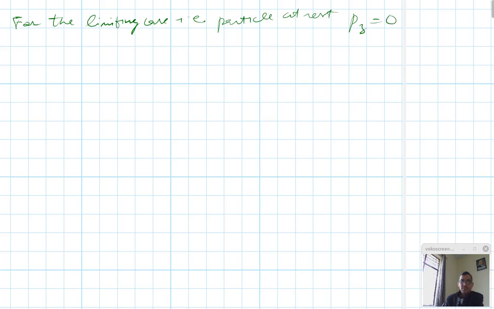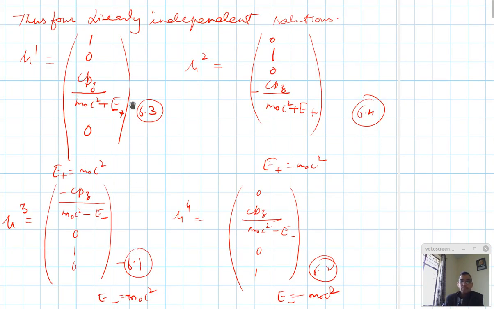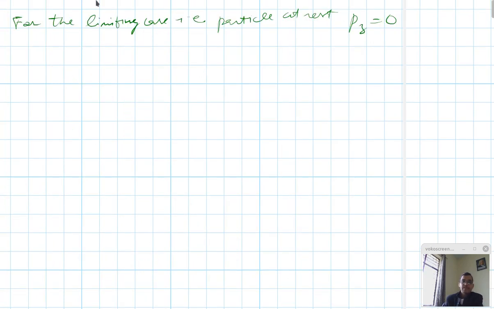So that means in these equations we will put pz is equal to 0, then u1, u2, u3 and u4 can be written as, so let me write down these values. Energy corresponds to either this solution m naught c square, or, as I discussed in the earlier slide, the other solution, minus m naught c square.